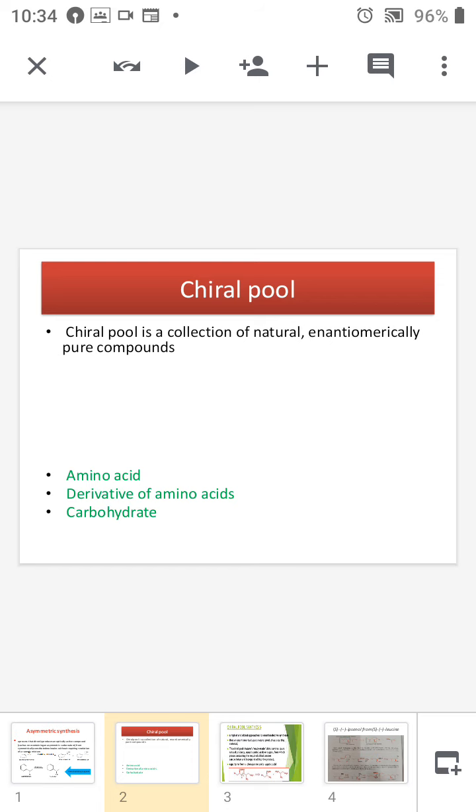The chiral pool is a collection of natural, enantiomerically pure compounds. Examples are the naturally available amino acids, and we know that only one variety of each amino acid occurs naturally. We can also use derivatives of the amino acids, and carbohydrates.